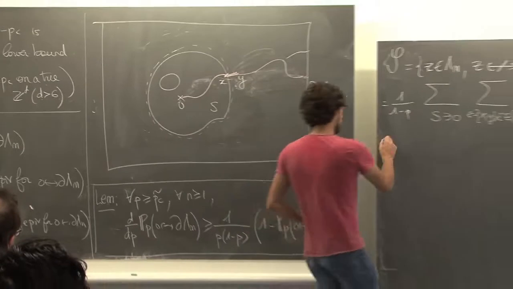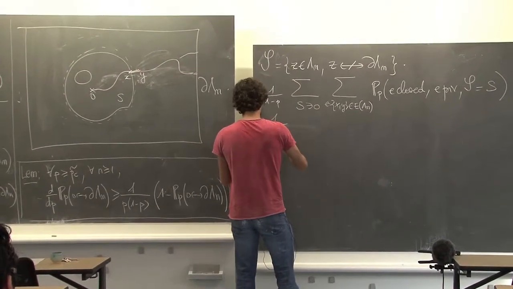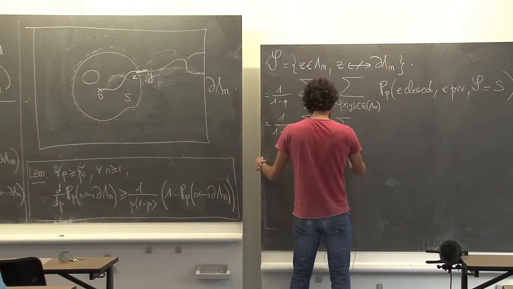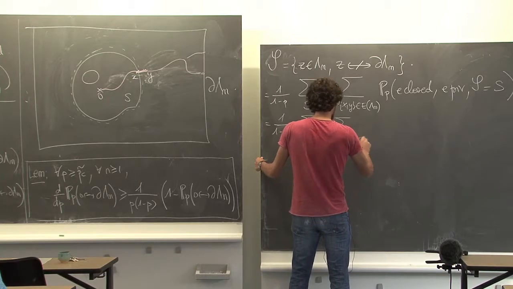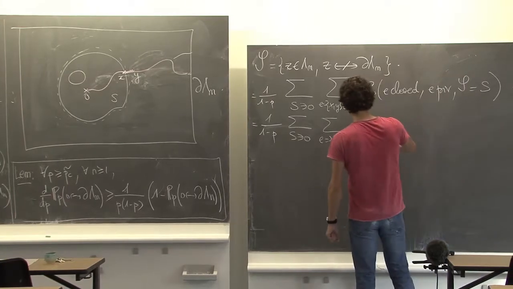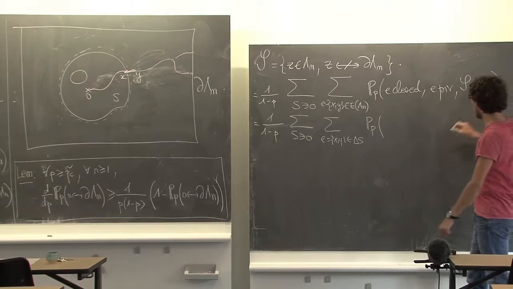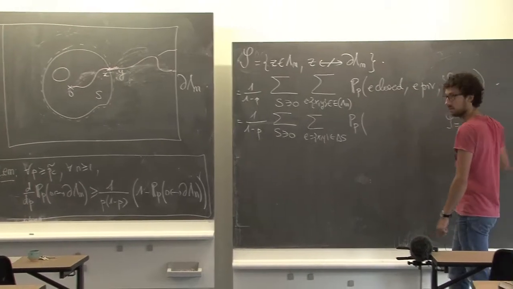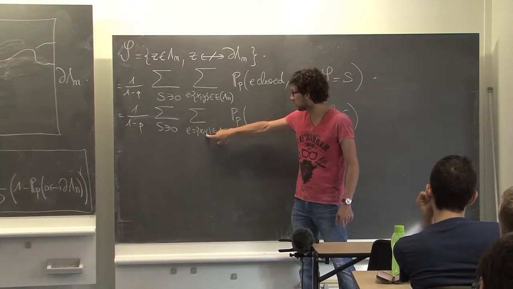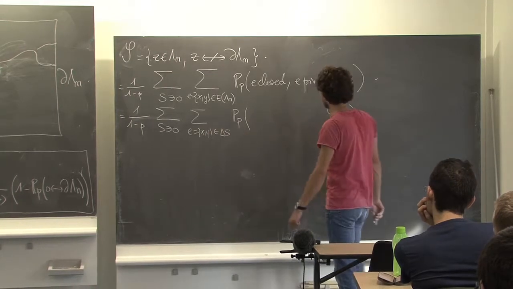So this thing I can rewrite. So this is exactly the same. So I can rewrite as sum over S in 0. Now I can look at the edge xy just on the boundary of S. It needs to cross the hypersurface. The fact that the edge is closed now comes for free if I know that S is equal to S, because otherwise, since y is connected to the boundary, x would also be if the edge was open, sorry.